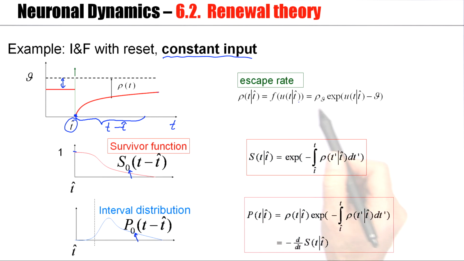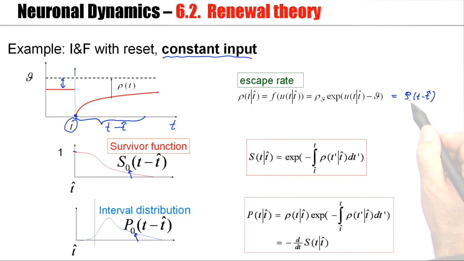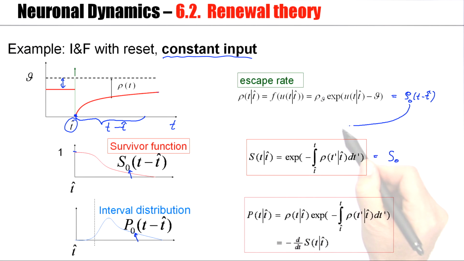So this becomes a function which just depends on t minus t hat. And so this will also only depend on t minus t hat. And so does the interval distribution. It's just a function of t minus t hat.